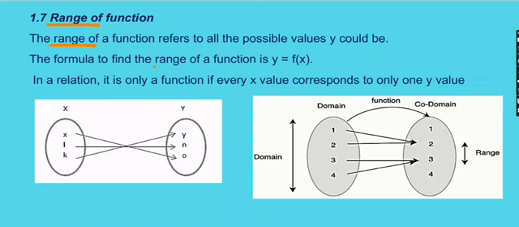The formula to find the range of a function is y equal to f of x. So y is the output. How have we got the output y? It is nothing but from the set of inputs, or from the function of x. Not all the x values are going to produce the output. There are certain values present in x, called f of x, which are going to give the output y.